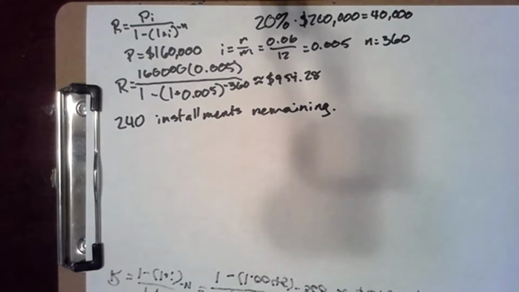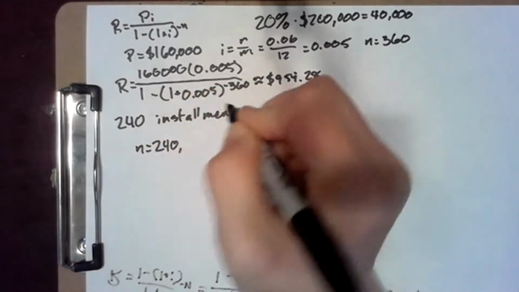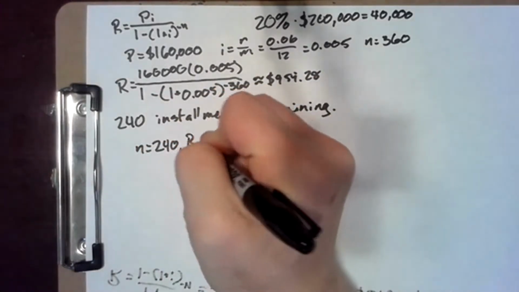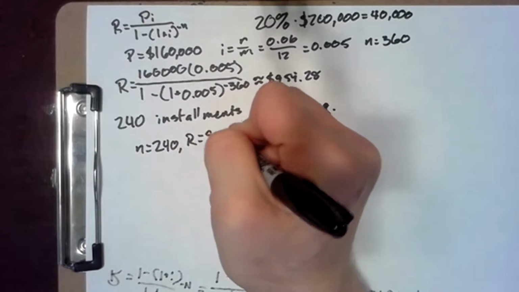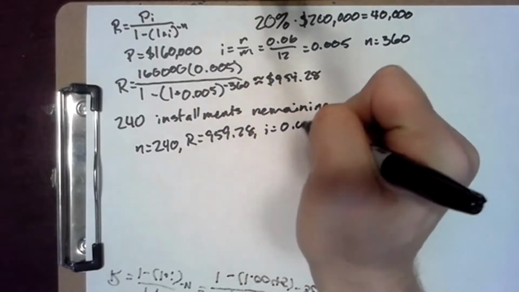But this sum is just the present value of an annuity with N equals 240, R equals 959.28, and I equals 0.005.